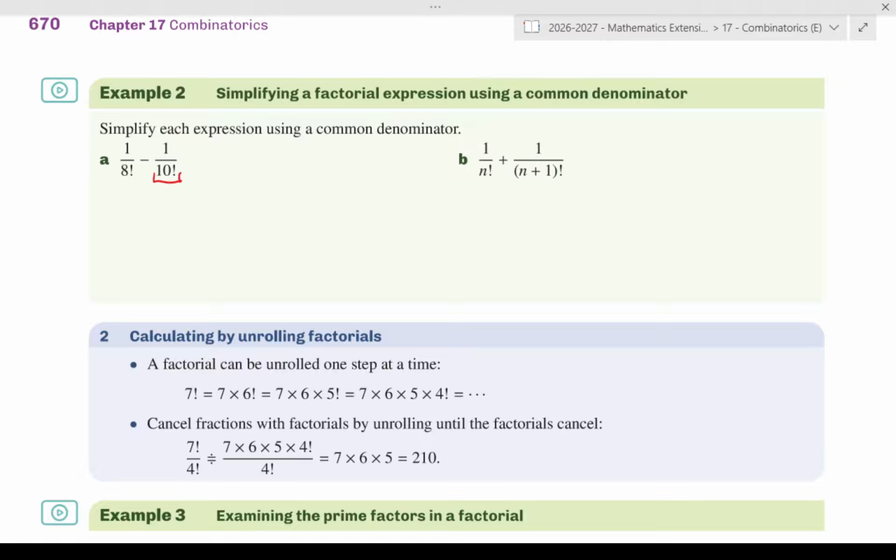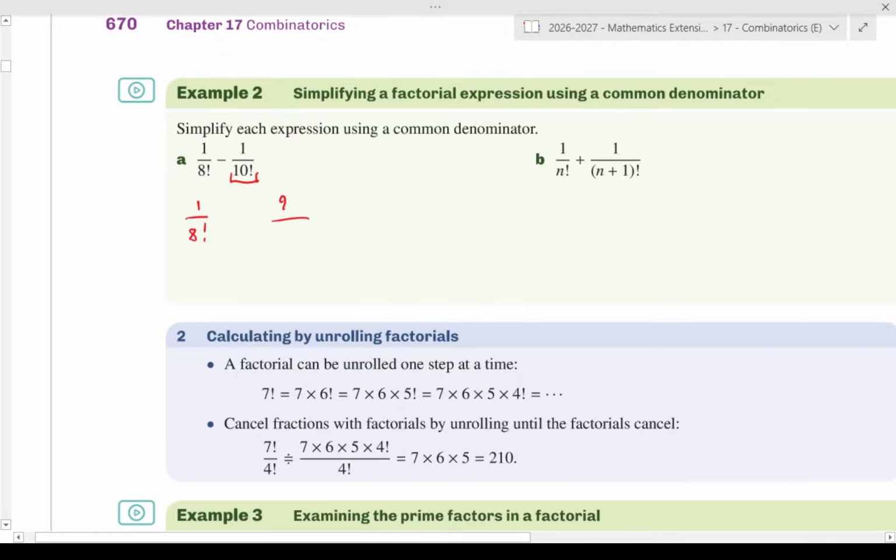So what we're going to have a look at is 1 over 8 factorial. Now, just before you start writing down exactly what I'm writing down, I am just doing some thinking here and going, okay, 1 over 8 factorial. How else can I write that? Well, 1 over 8 factorial could be written as 9 over 9 times 8 factorial.